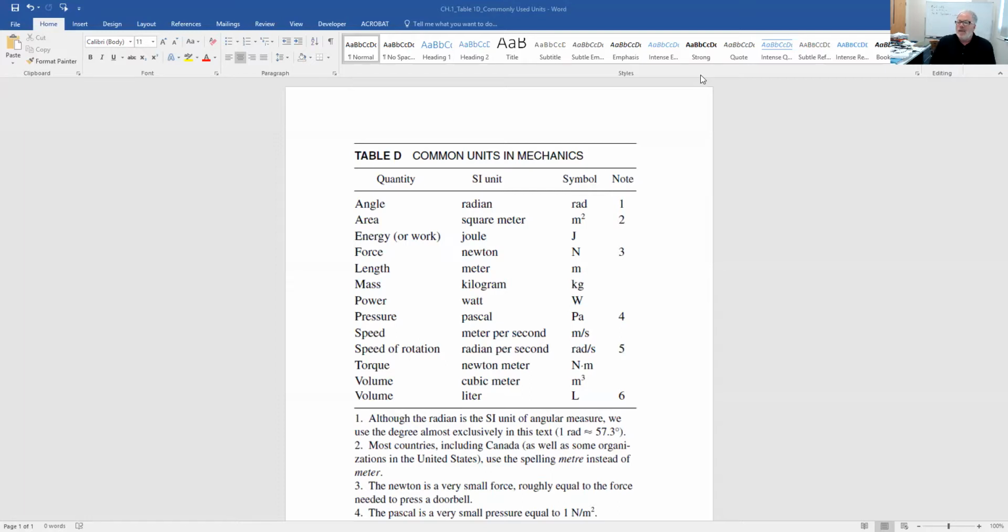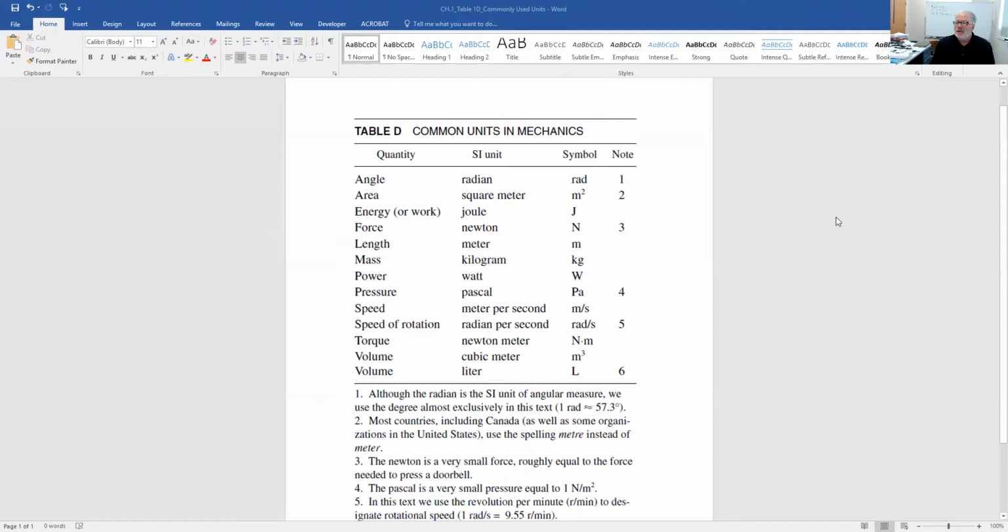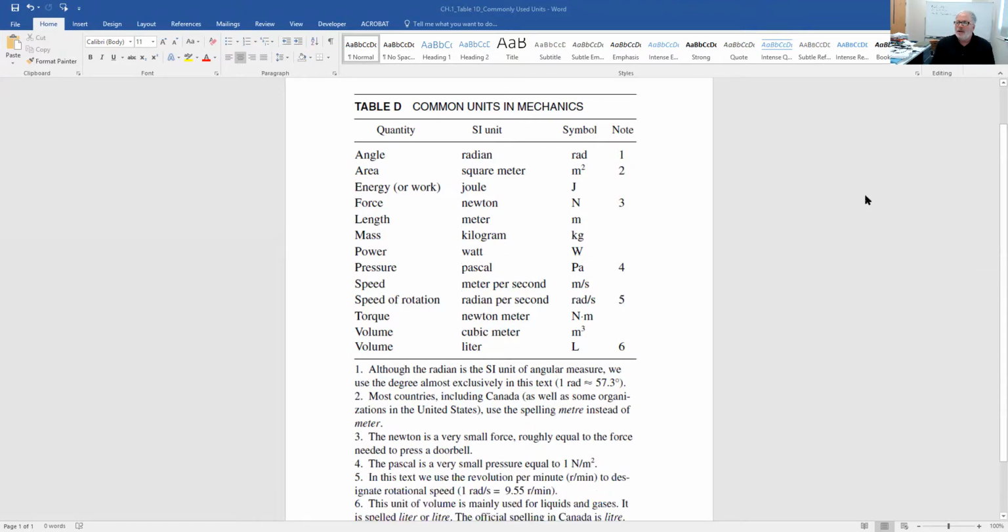Because of that, we have to at least be associated with mechanical concepts and mechanical terms. We're actually going to have an entire chapter 3 in this textbook that goes into mechanical concepts and some basic mechanical calculations. But this section discusses some common units that we use in mechanics.